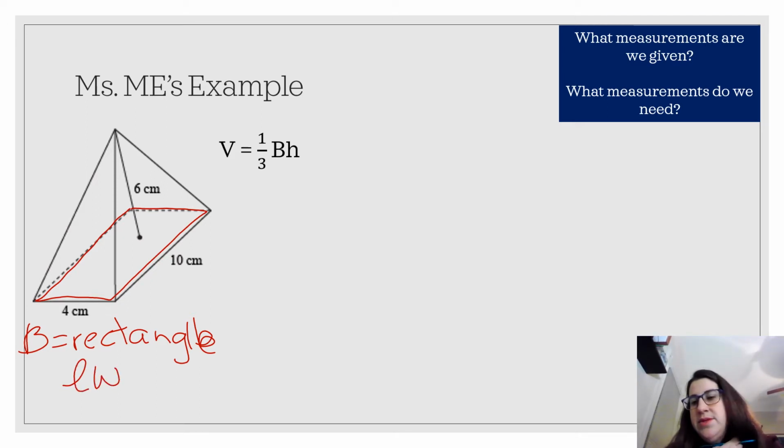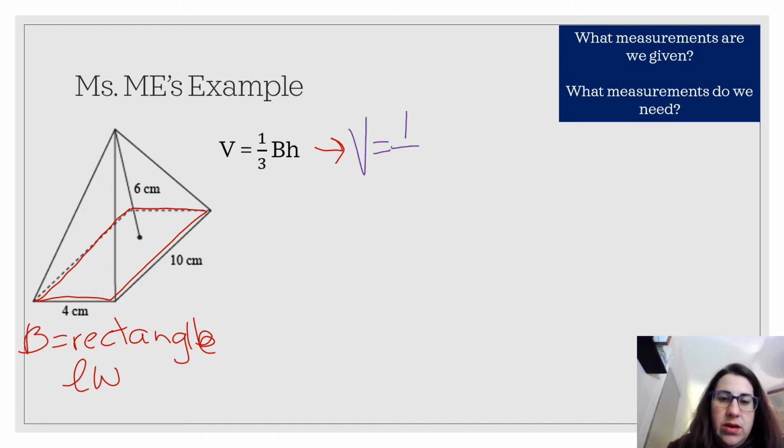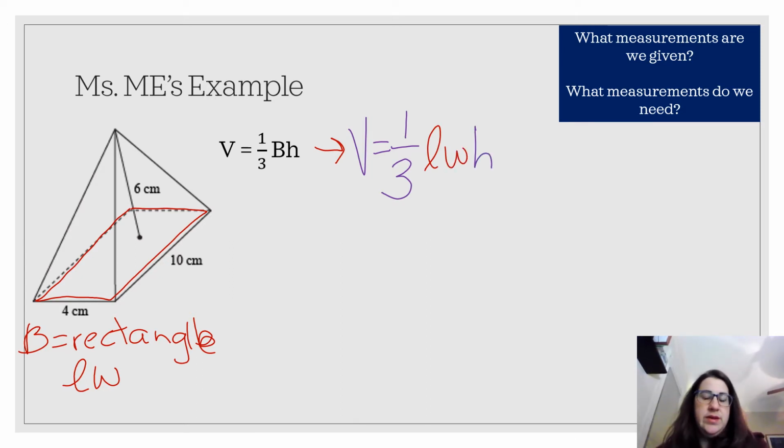So let's go ahead and substitute that into the formula. So instead of that big B, I'm going to write volume equals 1/3 big B. I'm going to write length times width instead, then times H. Don't forget to bring that H back.